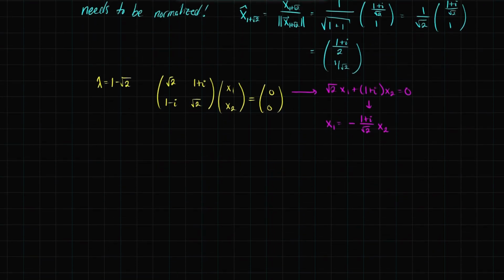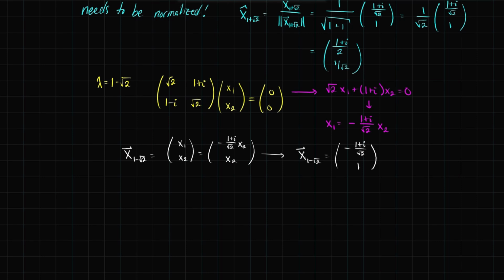This is going to give me x sub 1 minus root 2 as x1, x2, but I know x1 in terms of x2 is negative (1 plus i) over root 2 times x2, x2, and I can send my x2 to 1, giving me x sub 1 minus root 2 as negative (1 plus i) over root 2 and 1. Now when I normalize, I'm going to take a shortcut.